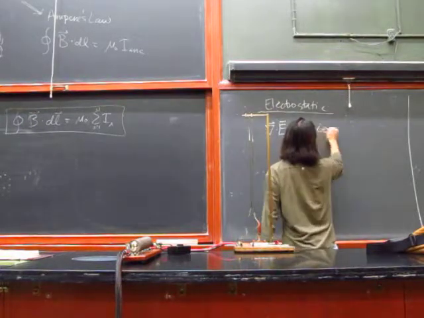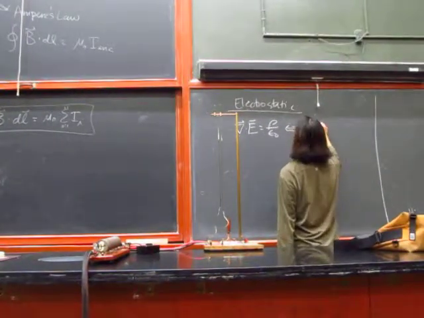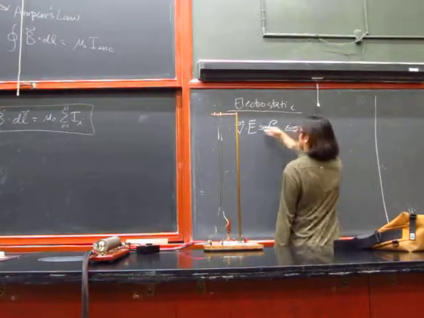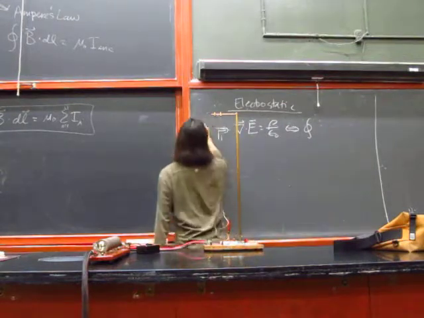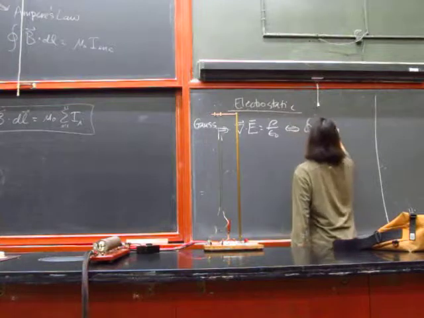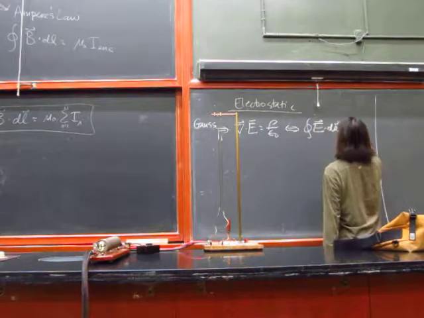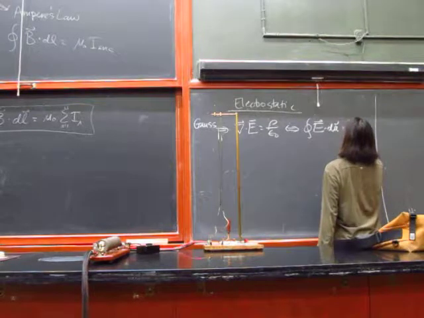This is equivalent to a statement that says this is Gauss's law, right? The integral of E dot dA is equal to 1 over epsilon naught.